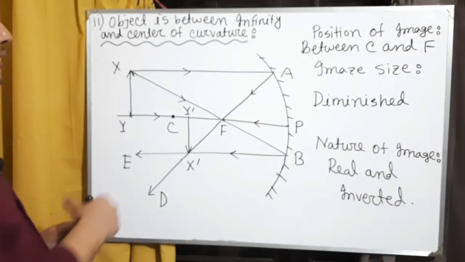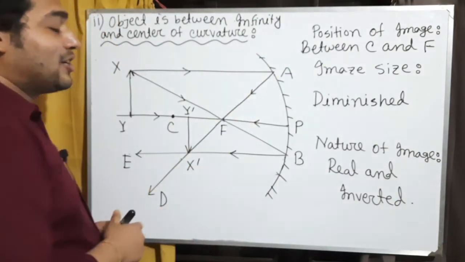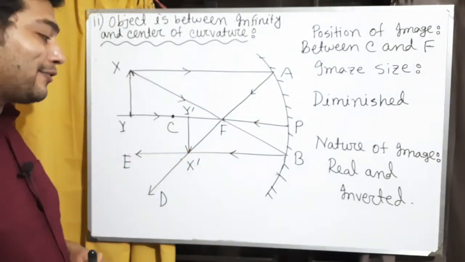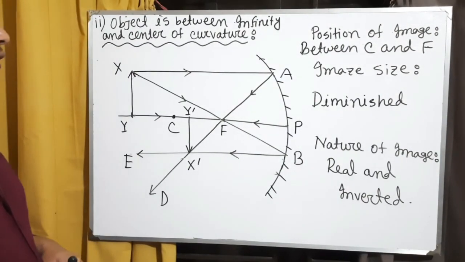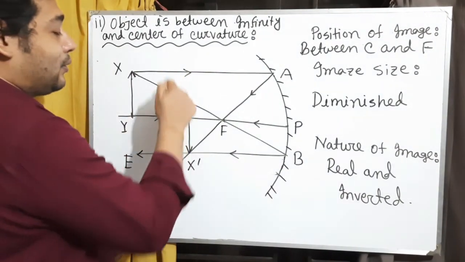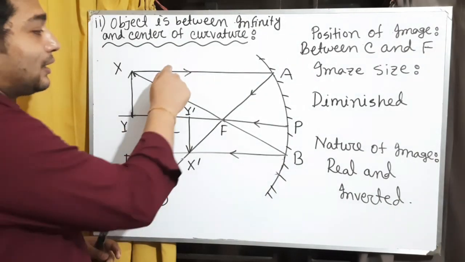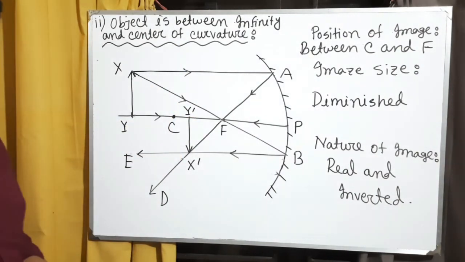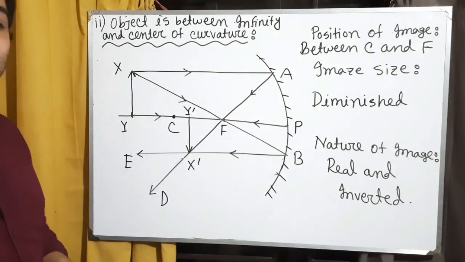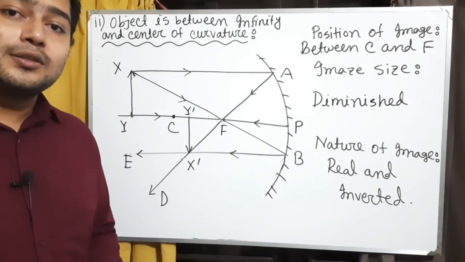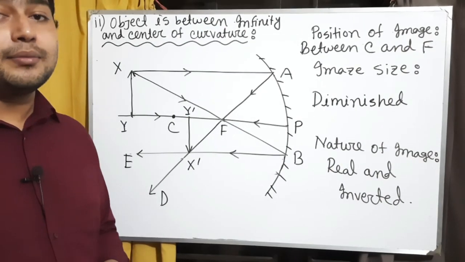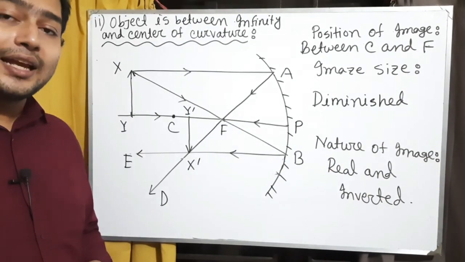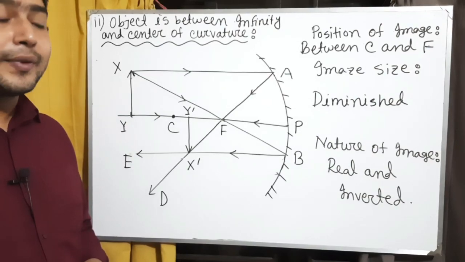The direction of rays is very important. If you forget to draw the direction of rays, then the figure will not be correct and you will not get any marks.